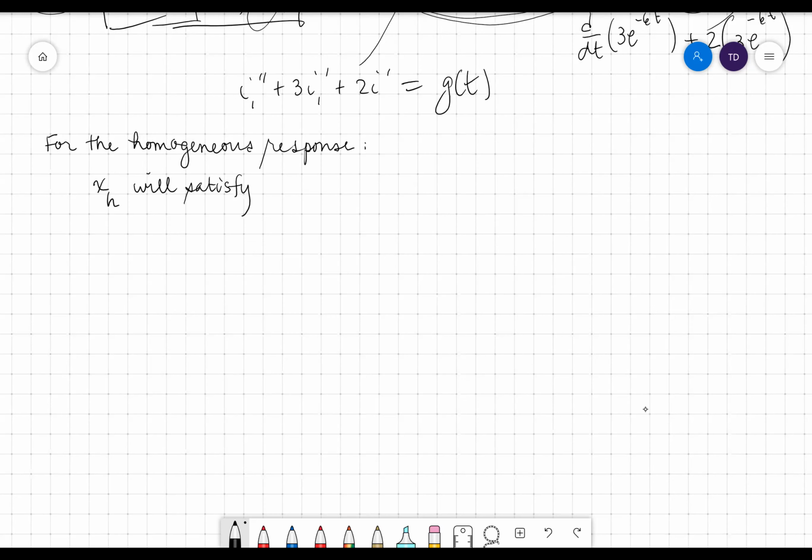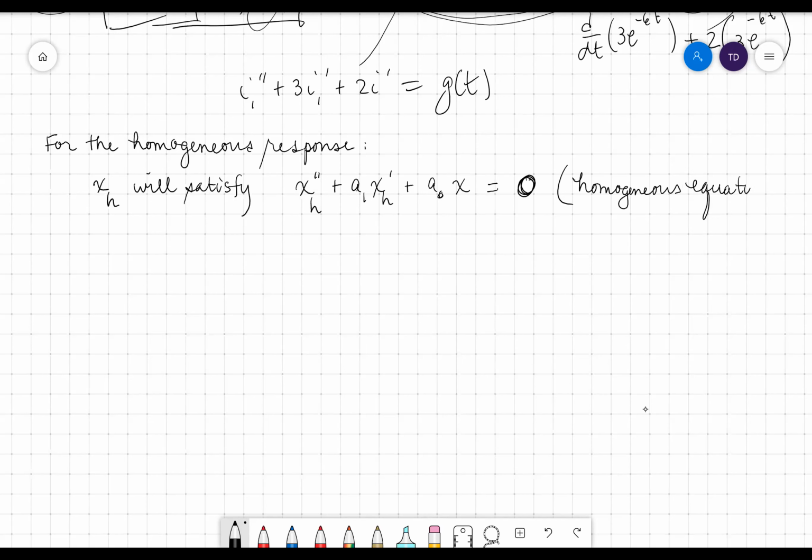What's the homogeneous equation? The homogeneous equation is when we set the forcing function equal to 0. So it's going to satisfy this plus A1 XH prime plus A0 X, oops, not H, don't get ahead of yourself, A0 X equals 0. This is called the homogeneous equation.